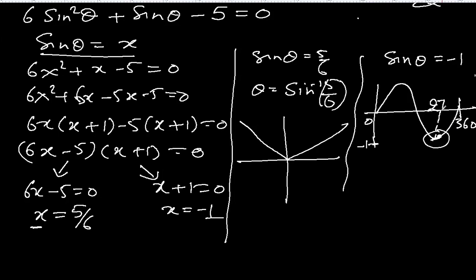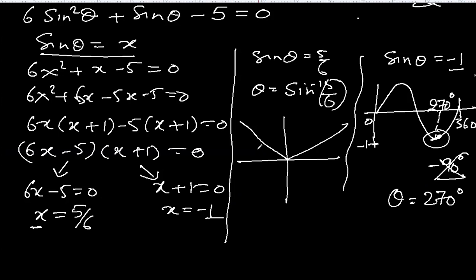It is 270. If you put this in your calculator, most probably it will give you minus 90 as the answer, which is not between 0 and 360. So you can't use your calculator; use the graph for minus 1 and 0. So here we get theta equal to 270 degrees.